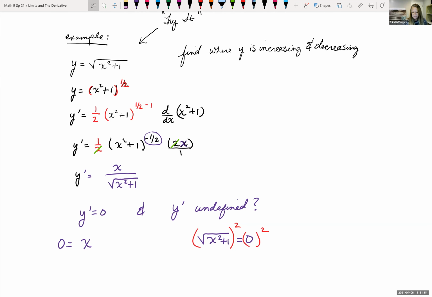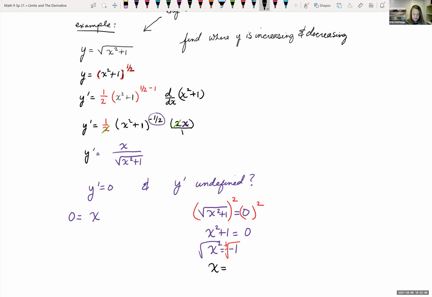And so we get x is equal to plus or minus the square root of negative 1, which is i. So this is not a real number. There's no value which sets my denominator equal to 0.